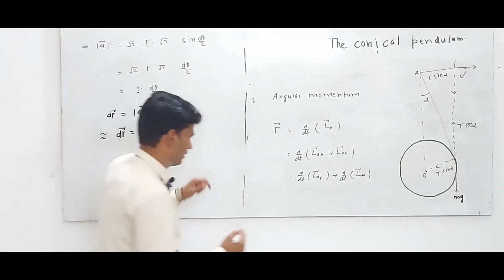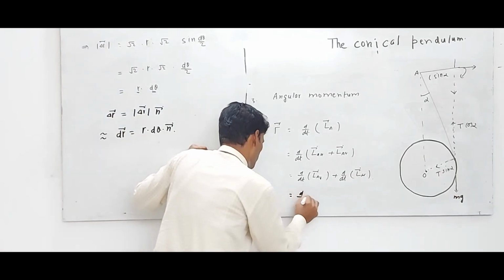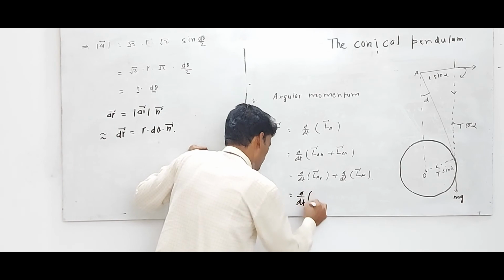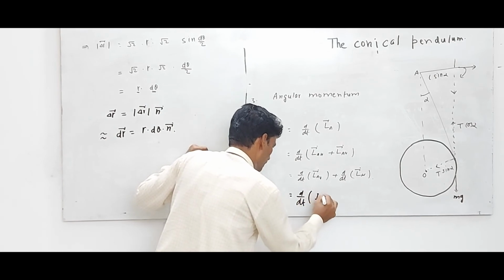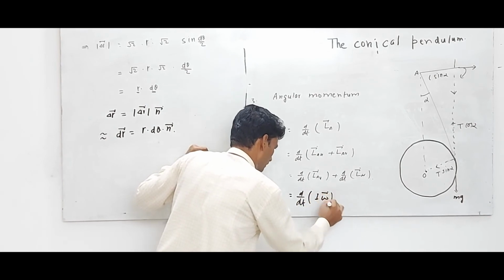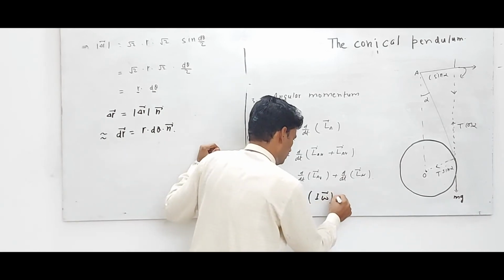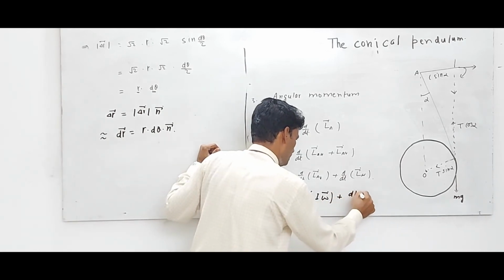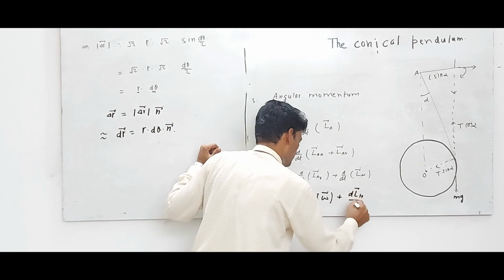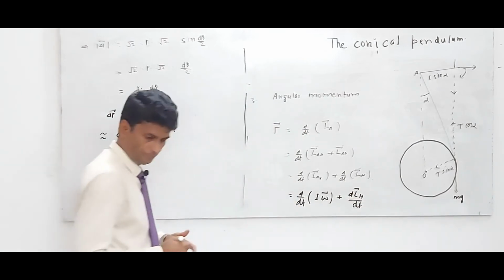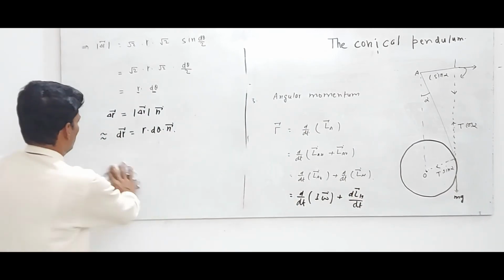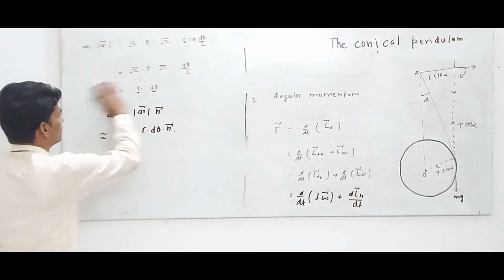So we write d by dt of I omega vector. So what is this? d LH over dt. Now we are going to use this result.